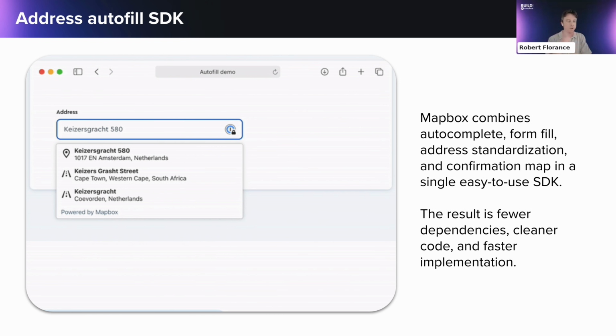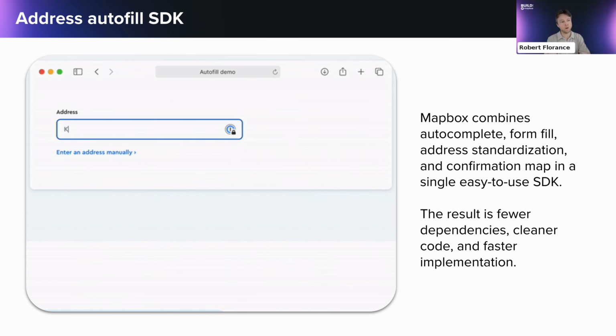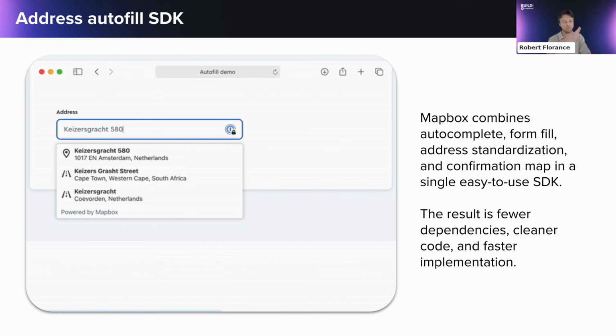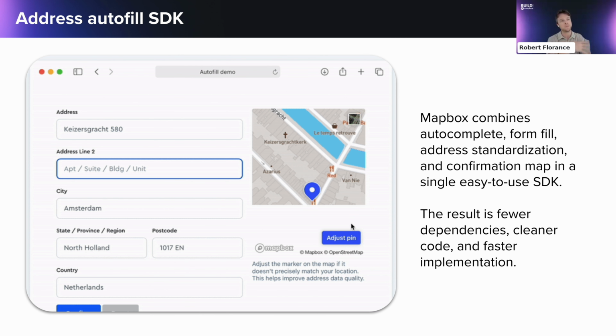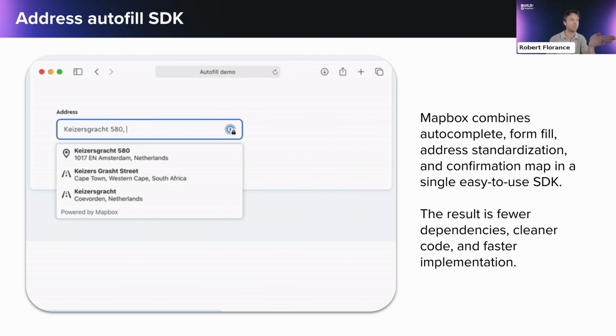And one easy way to do the forward search with geocoding, especially if you need to register users on your website or capture shipping addresses, is our Address Autofill SDK. This is forward geocoding, basically. The same API and data is behind Address Autofill as our standard geocoding API. But as you can see on the screen here, Address Autofill wraps this up into form fields that get automatically filled out as the user selects one of the auto-completions.